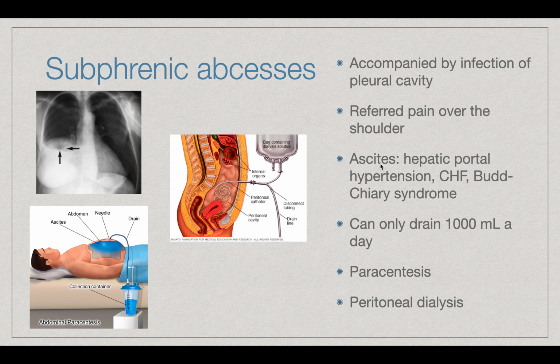It can be caused by ascites due to the hypertension, congestive heart failure, and Budd-Chiari syndrome. And it's important to note, though, whenever you're trying to drain the abdomen in a paracentesis, you can only drain about 1,000 milliliters a day, and if not, you'll kill the patient.